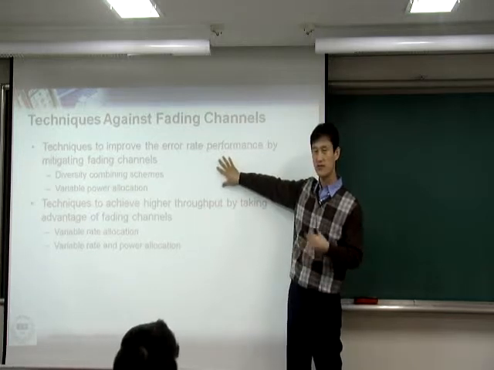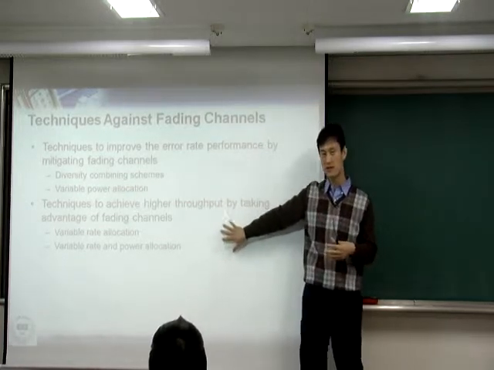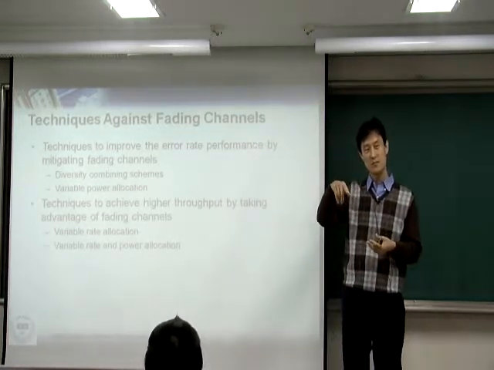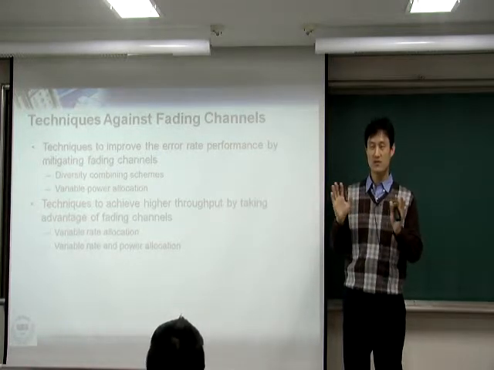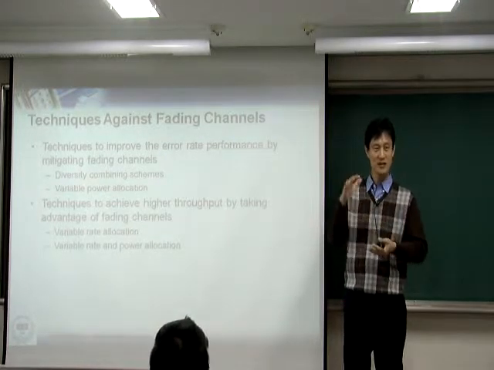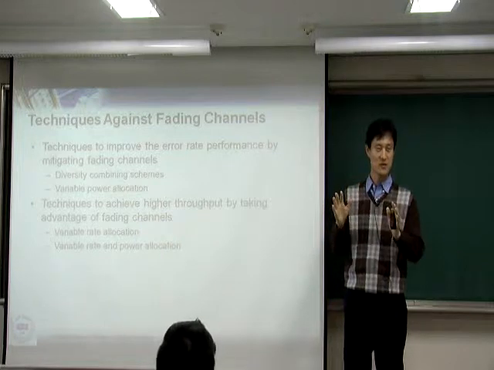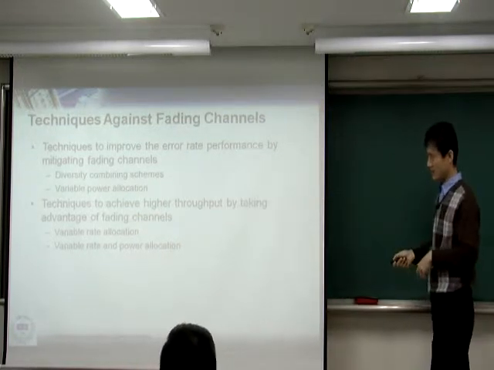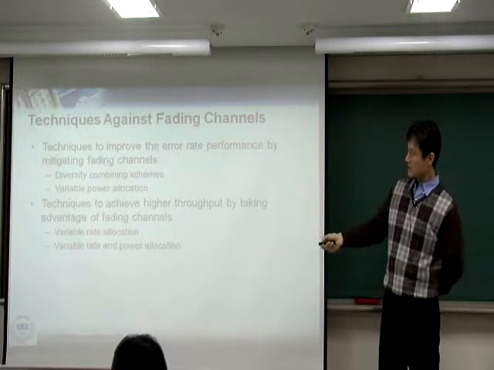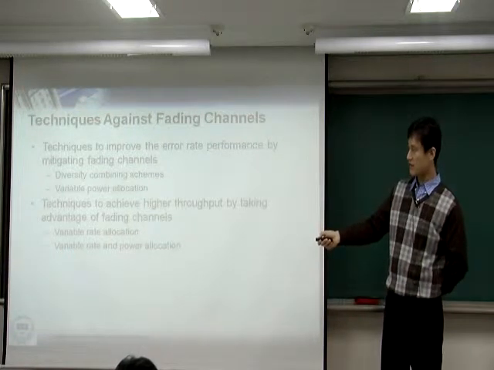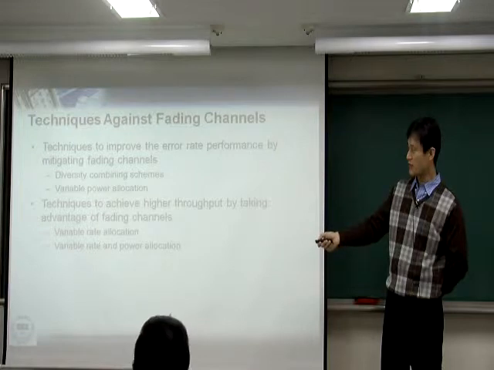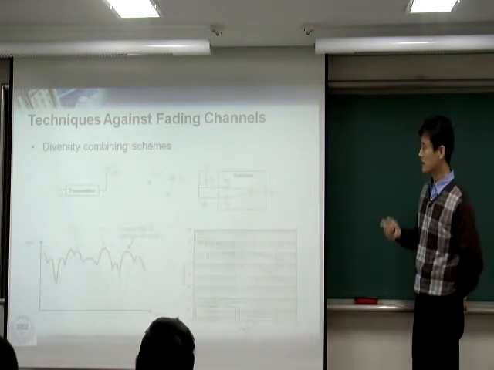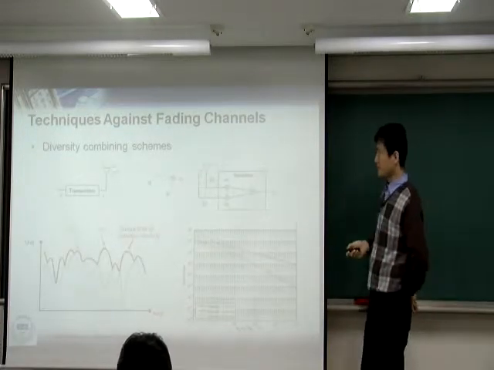Second approach is that we have fading, but we say, okay, that's fine, I'm not going to try to reduce it, but I'm going to take advantage of it. I'll talk about that in the next slide. The possible approach is variable rate allocation, and also you can use rate and power. So let's cover one by one.